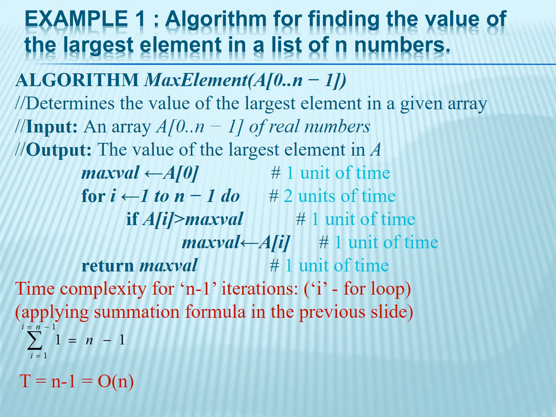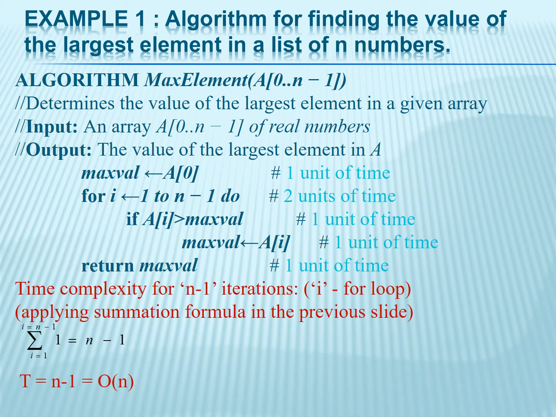The algorithm MaxElement takes input list A with n elements. The algorithm declares a variable maxval which will store the maximum value in the list A of n elements. Initially, maxval is assigned the value of the first element in the list A. Using the for looping structure, we browse across each element in the list and compare it with the maxval value.